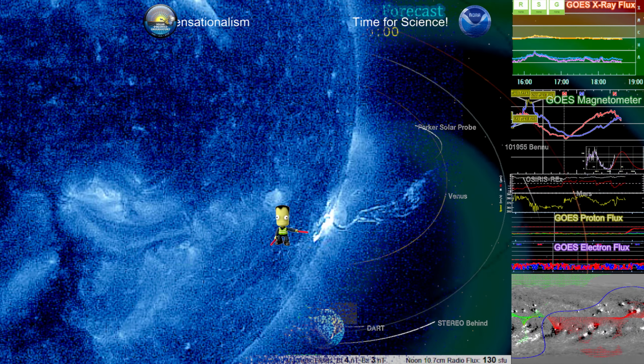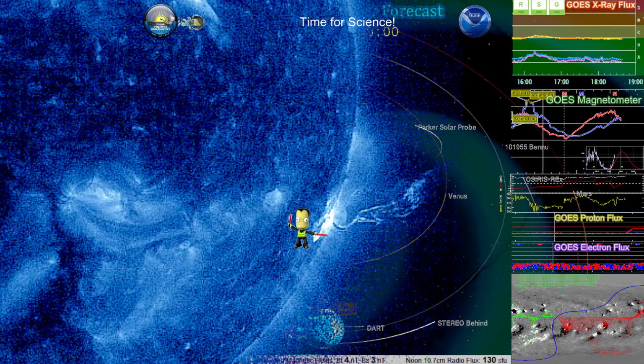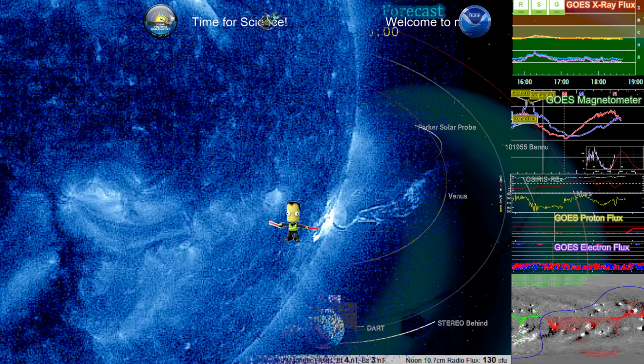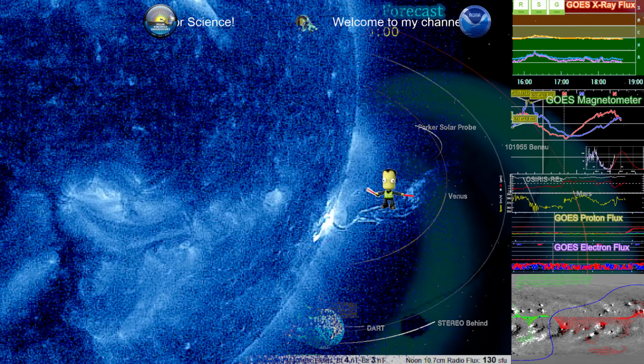And you can see the expelling of the plasma. Beautiful display of the arrangement that was on the surface, coiled up.